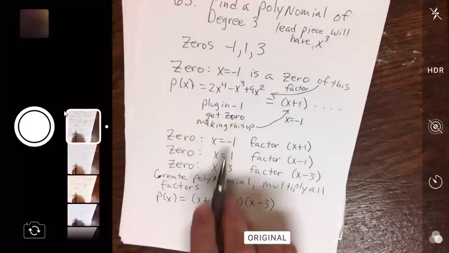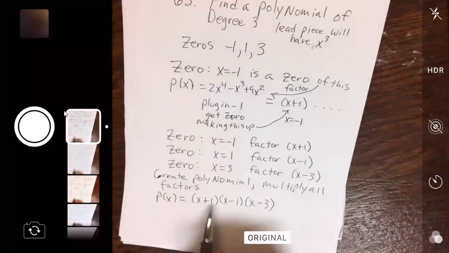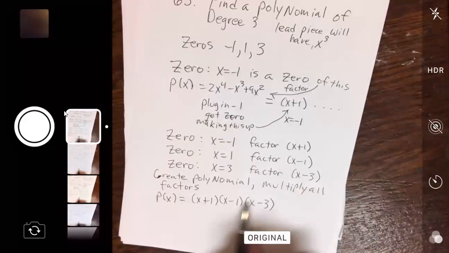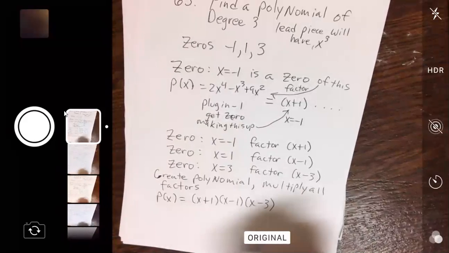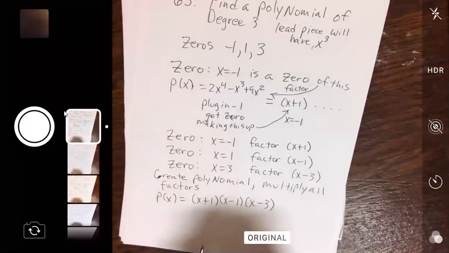And so you can stick in these individual numbers and you will get 0. And now I'm going to FOIL it all out and create the answer in the book with it expanded out. You see how it has an x to the third because you get x times x times x, that's an x to the third.